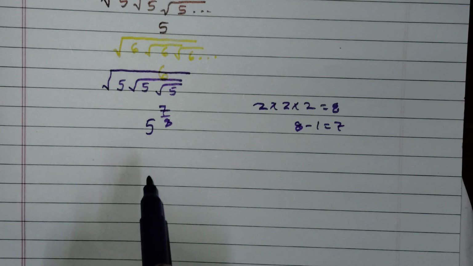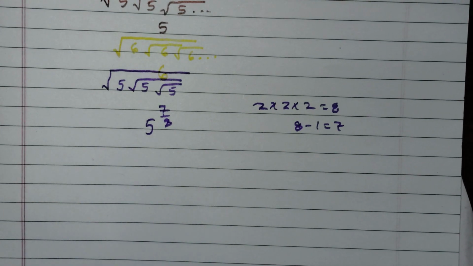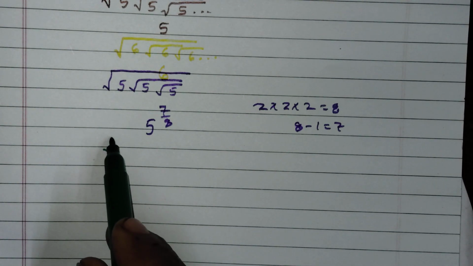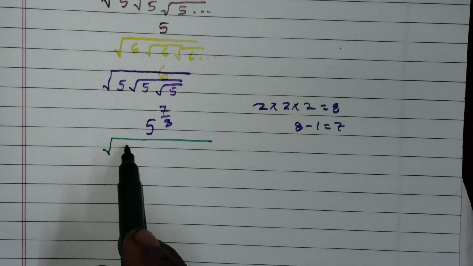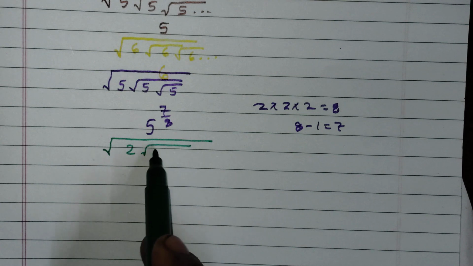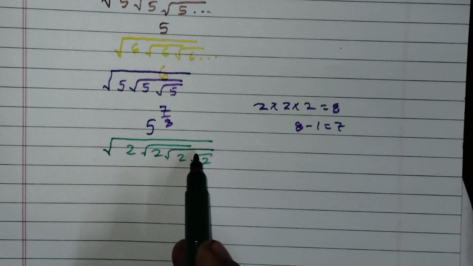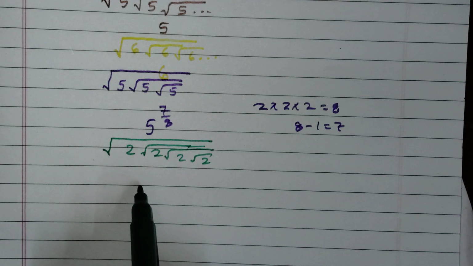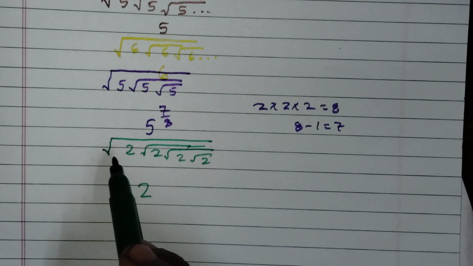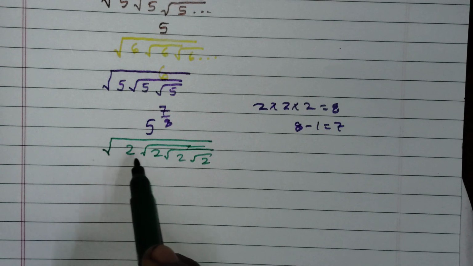Similarly, next question, suppose square root 2, then again square root 2, then again square root 2, then again square root 2. The answer is 2, and what is its power? Count the square root signs: 1, 2, 3, 4.